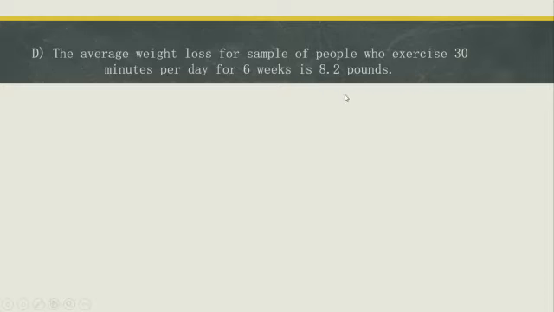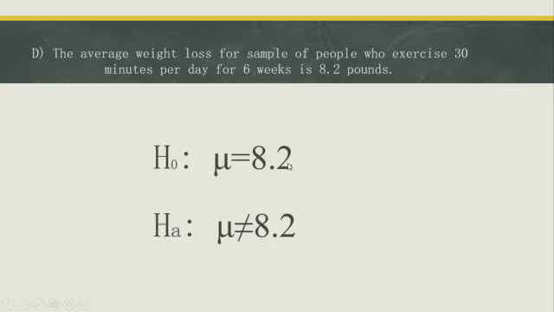Ito po ang null hypothesis. So the null hypothesis, the mean or μ is equal to 8.2 pounds, and the alternative hypothesis, which is μ or mean, is not equal to 8.2 pounds. So that's all po for exercises number 1.